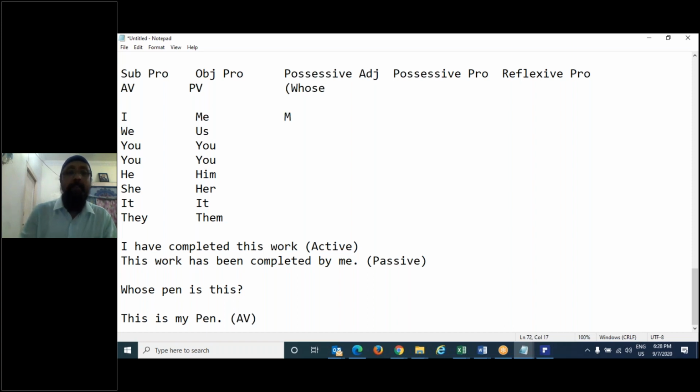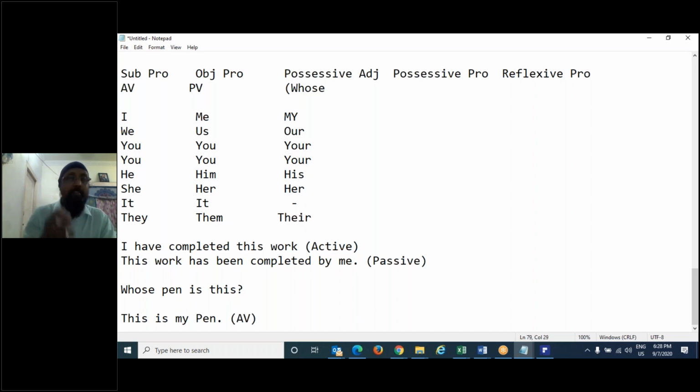I becomes my, and us becomes our, you becomes your, so your for singular and your for plural as well, and him becomes his, and her remains as her. It I will talk about a little bit later, so let me give you a little gap here. And they becomes their.